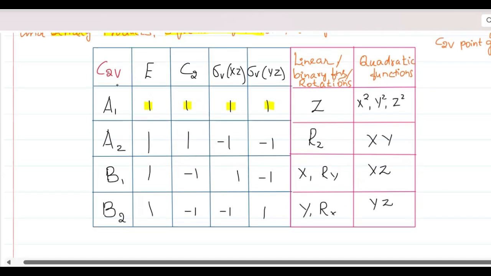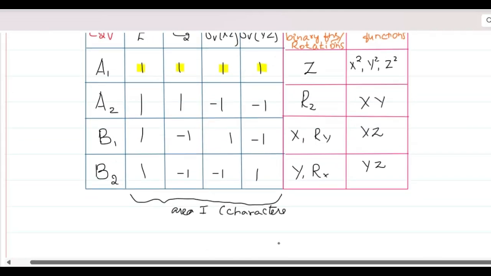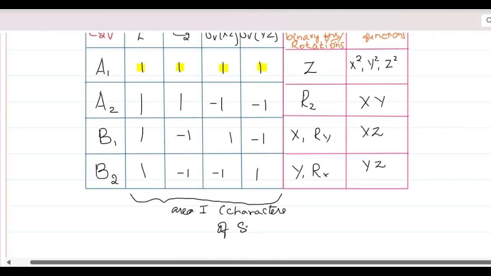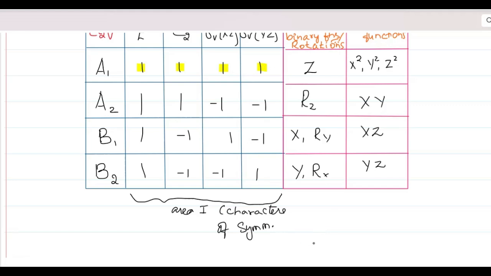So for the C2v point group, if you want to categorize, this will be considered to be area 1, which is having the characters of symmetry operations. So we could distinguish various areas in a character table. Symmetry operations, these are the characters.